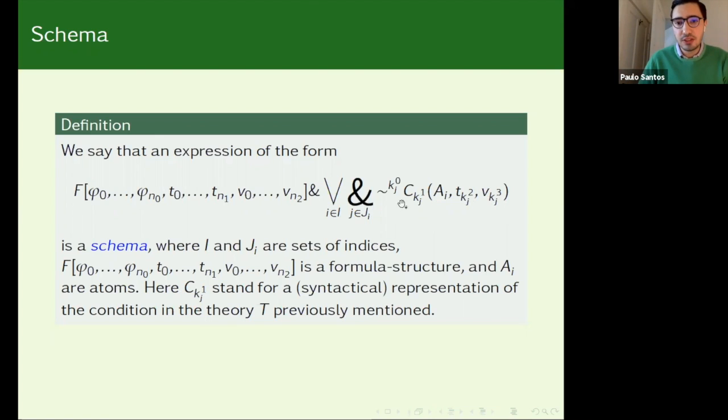And now focusing on this part, these are syntactical representations of the meta-connectives. These connectives are not to be confused with the connectives here from the logical part. These are meta in the sense that they are different and they talk about these very entities, the formal structures.